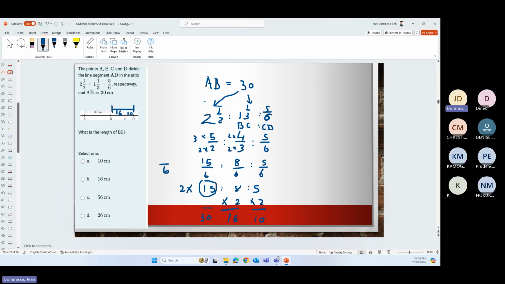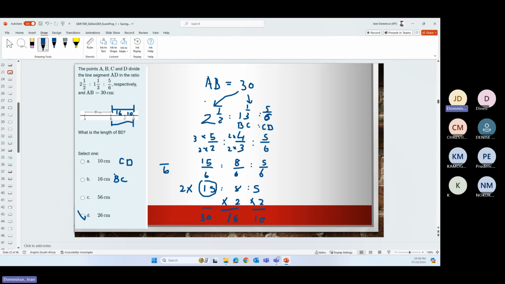So they ask here, what's the length of BD? So that will be 16 plus 10. They could have asked us, what's the length of BC? Oh, sorry, this one is BC. They could have asked us the length of CD.